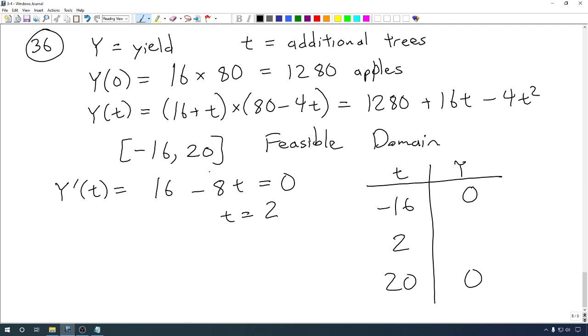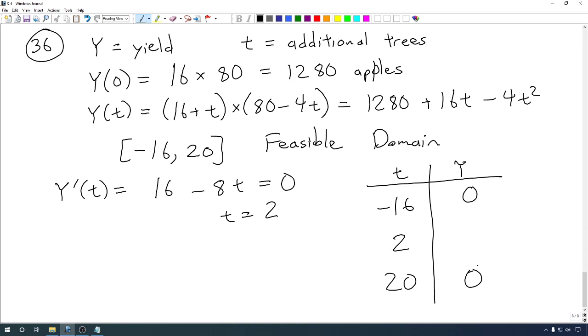So we get 0. But it will be 0 when we plug negative 16 into this formula as well. Same thing with 20. We found this 20 at our endpoint because that's when our number of apples per tree goes down to 0. So it doesn't matter how many trees we have if they're producing 0 apples.